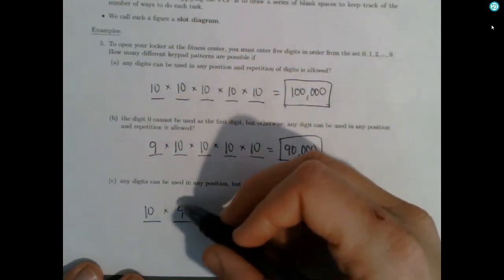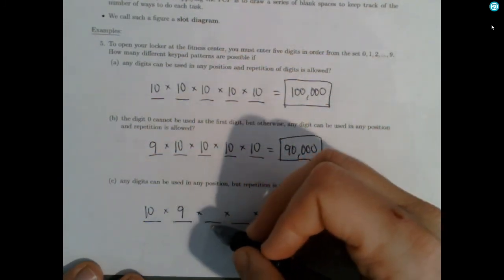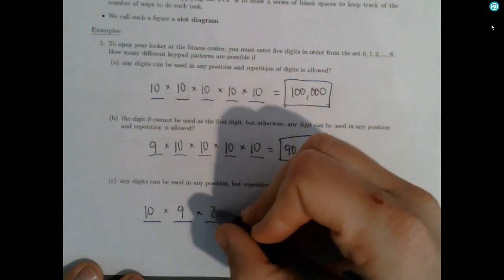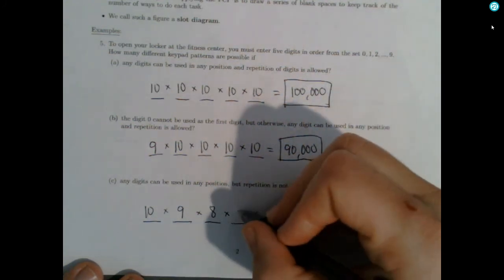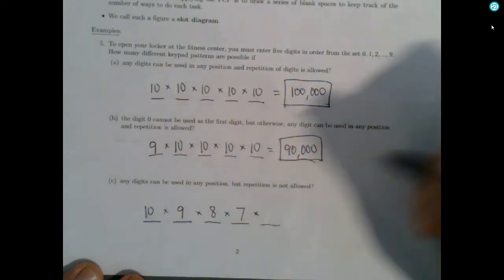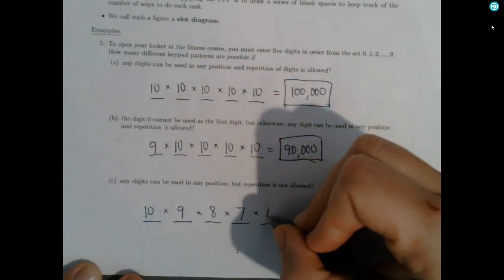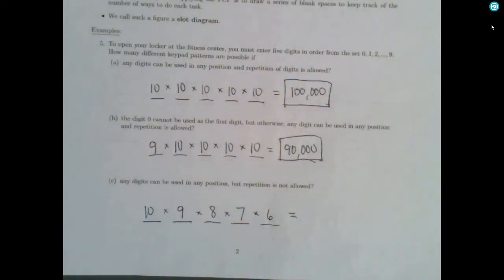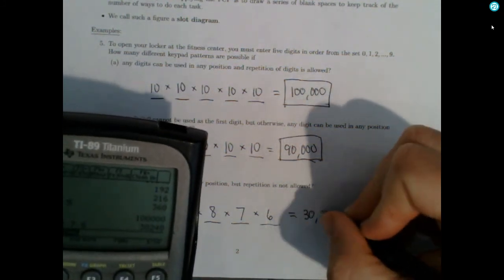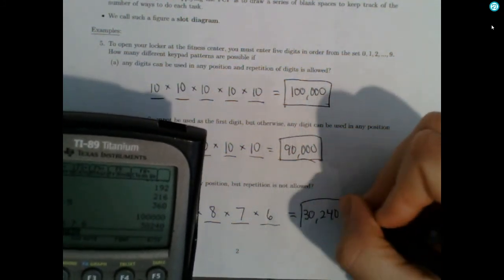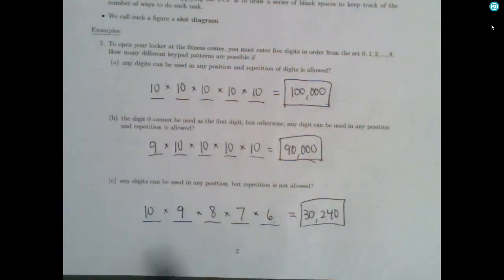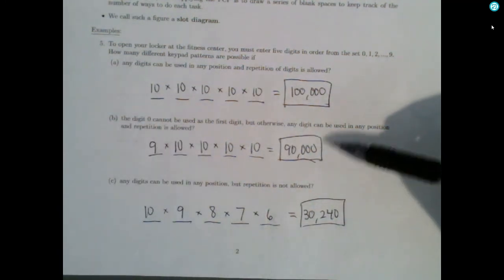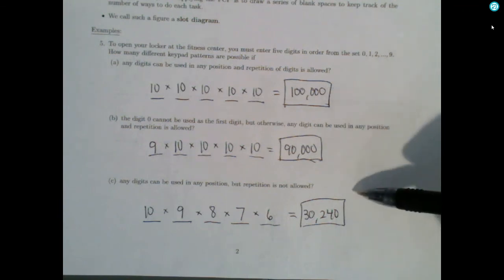And then there's only going to be 8 possibilities left for the third one, then 7 for the fourth one, and 6 for the fifth one. So let's see how many that is. 10 times 9 times 8 times 7 times 6 is 30,240.